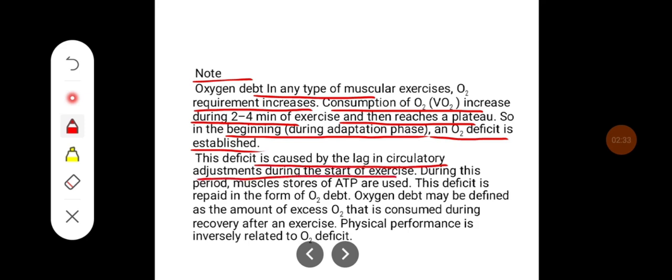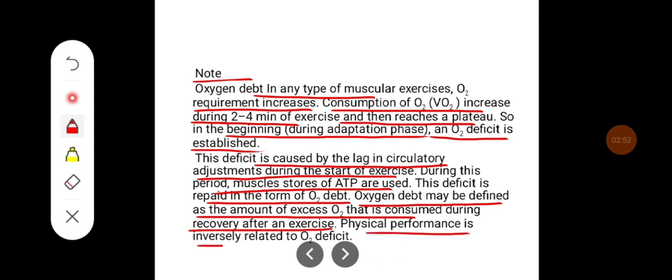During this period, the muscle stores of ATP are used. This deficit is repaid in the form of oxygen debt. The oxygen debt may be defined as the amount of excess oxygen that is consumed during the recovery after an exercise. The physical performance is inversely related to the oxygen deficit.